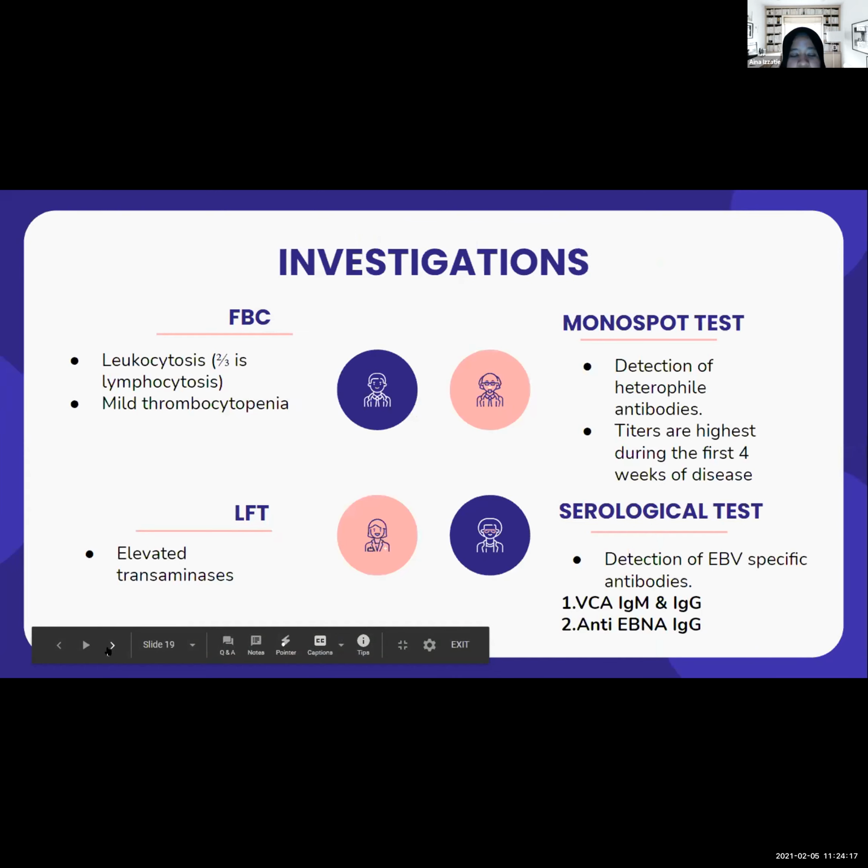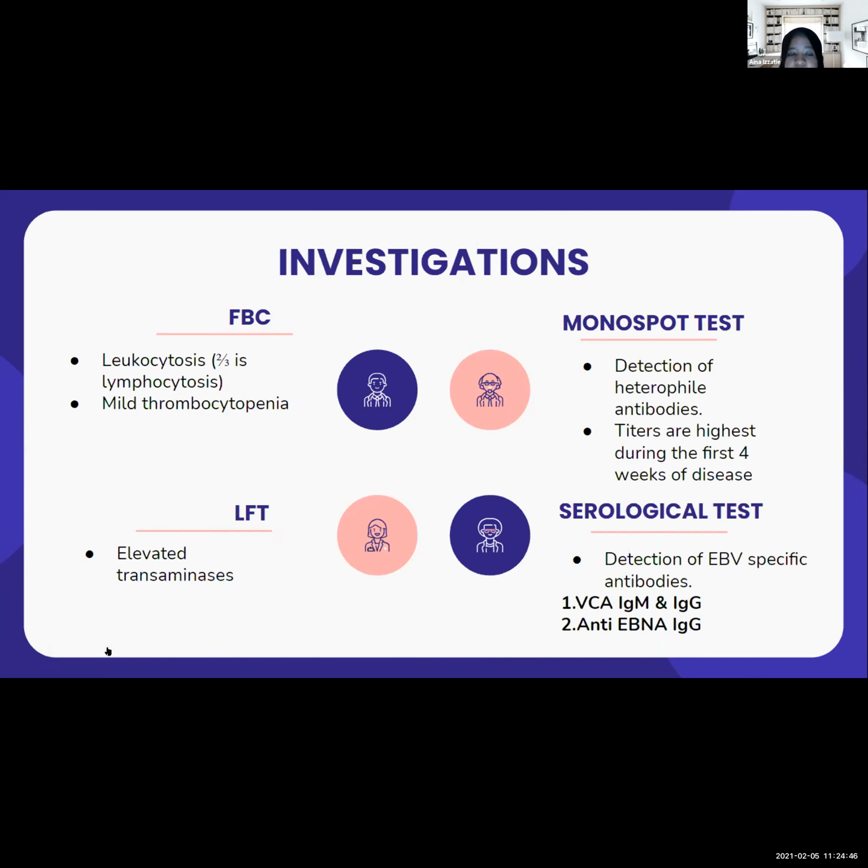Okay, for investigation, we can make a presumptive diagnosis of infectious mononucleosis by the presence of classical clinical symptoms, but the diagnosis is usually confirmed by serological testing. Either we look for the heterophile antibodies or EBV antigen-specific antibodies. So if we do a full blood count, there can be leukocytosis, which is mainly lymphocytes, and there can also be mild thrombocytopenia.